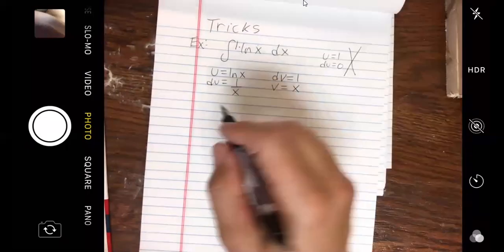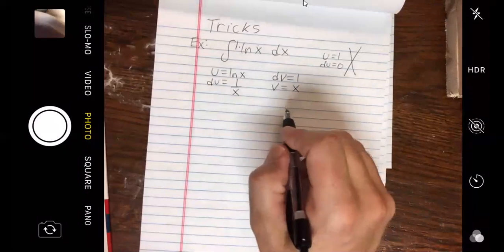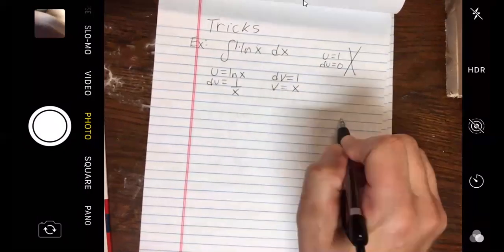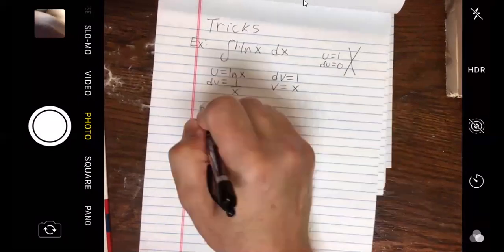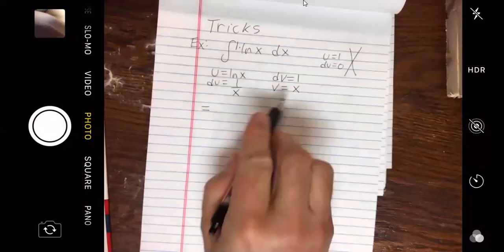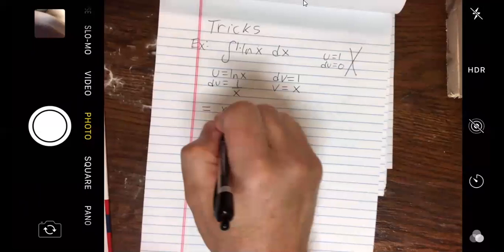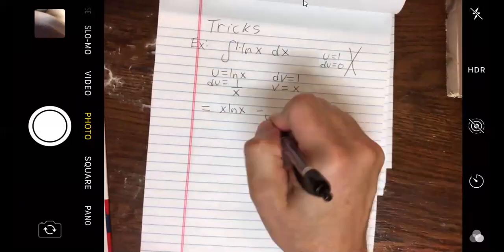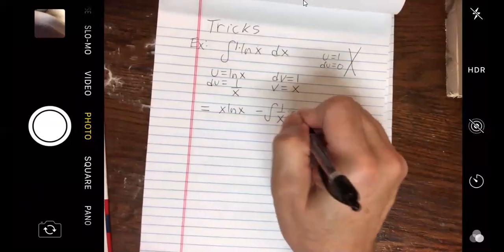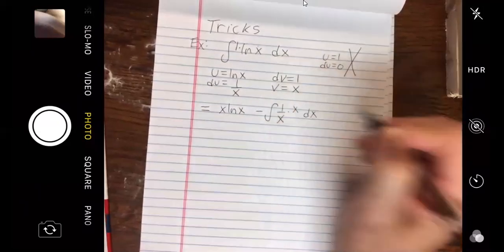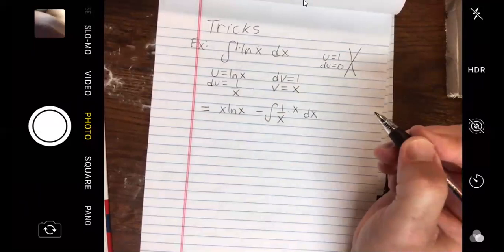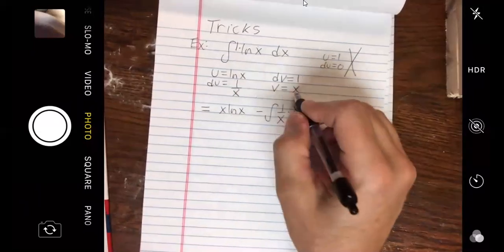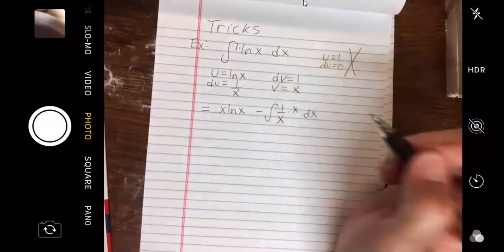Can I just go straight to the answer, or do I need to keep showing you cross product minus integral bottom row? Let's just go straight to the answer. So the cross product makes x log x, minus integral, and the bottom row is 1 over x times x dx. Literally take what's in the bottom row and multiply it in an integral.